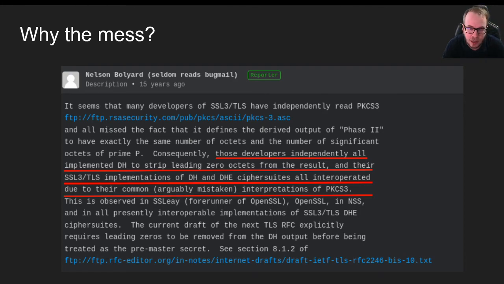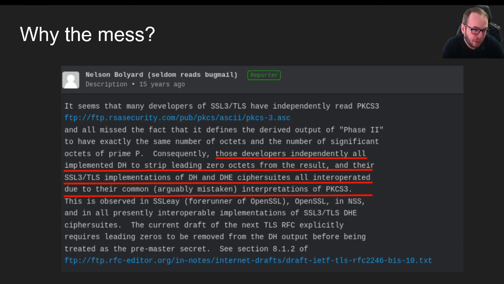They just said a conventional Diffie-Hellman computation is performed. And what they meant is PKCS3, which is the standard on how to implement Diffie-Hellman. And PKCS3 says keep the leading 0 bytes. But since the SSL3 design document did not mention this, everyone started implementing it with the stripping of leading 0 bytes. And actually, in practice, this does not happen so often. It only happens in roughly one of every 200 to 250 connections.